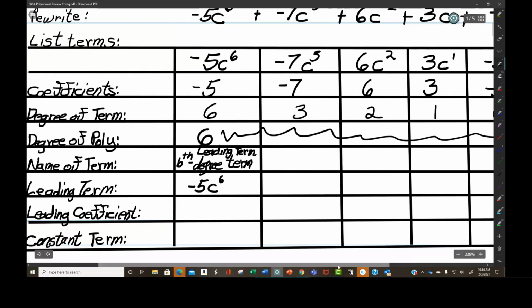Because we said the degree of this term, -7 times c to the third, is 3. There's a name for third degree terms. Name of term, it's cubic. This is a cubic term.